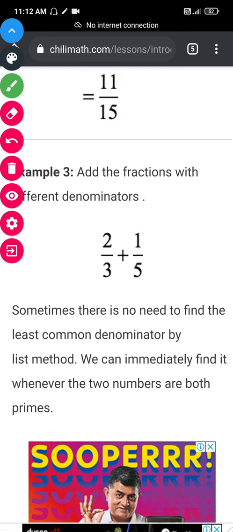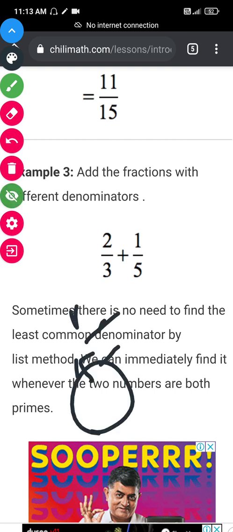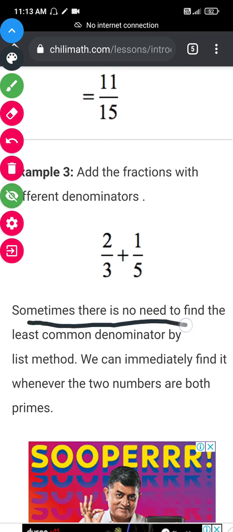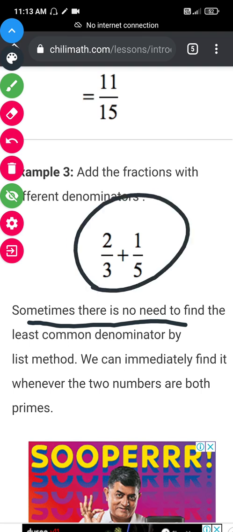Now see here, there is a tip. Sometimes there is no need to find the least common denominator by the list method. We can immediately find it if the two numbers are both prime. In this example, the denominators are 3 and 5, and 3 and 5 are prime numbers.